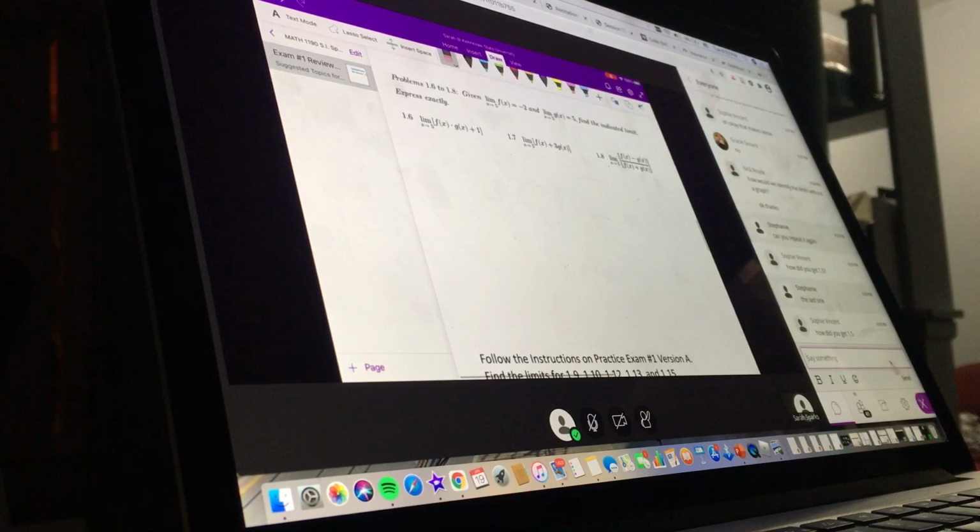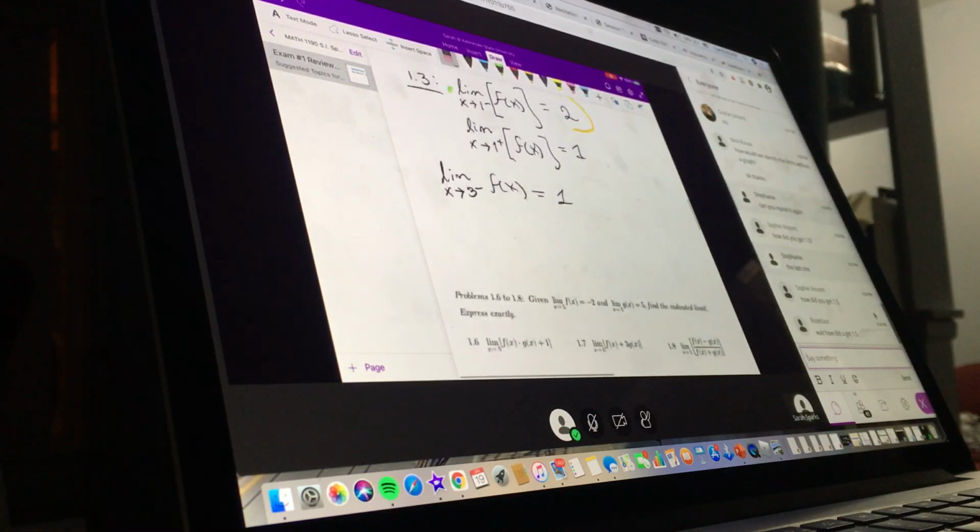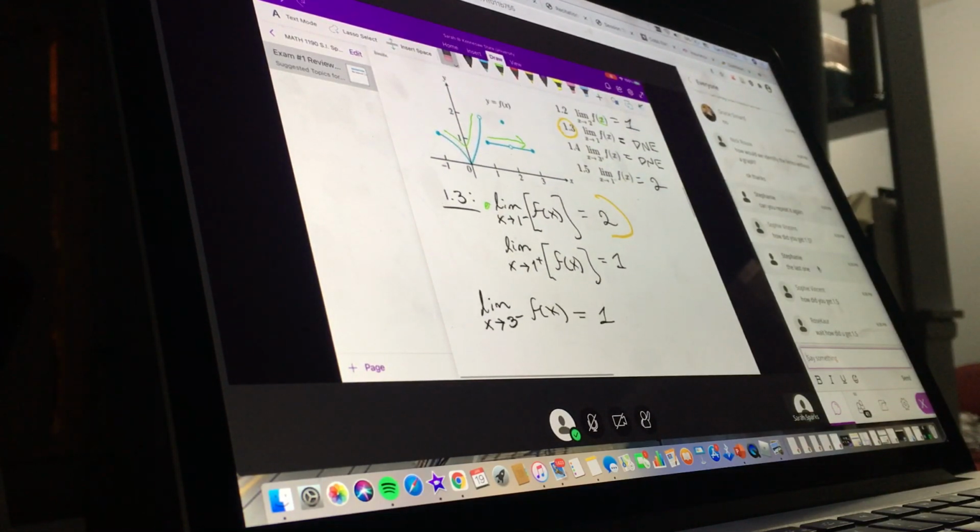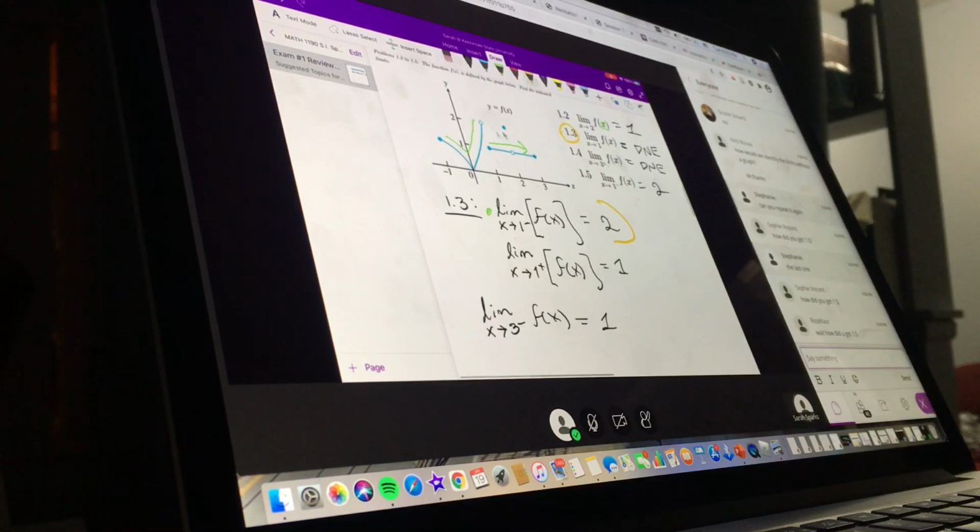How did you get 1.5? 1.5 we did whenever we did 1.3. Because whenever we did 1.3, we evaluated the limit from both sides. So on 1.3, I already evaluated the limit as x goes to 1 from the left side, which is what this is asking.